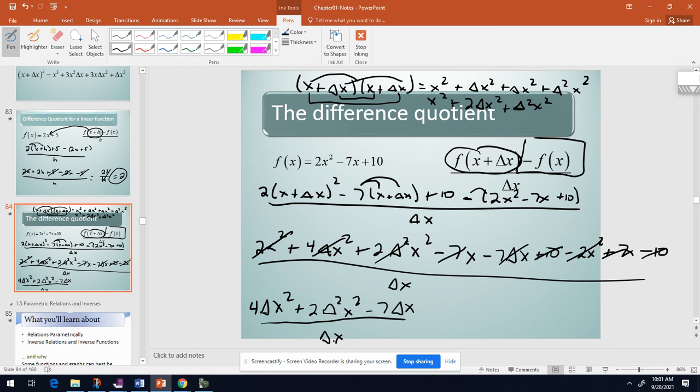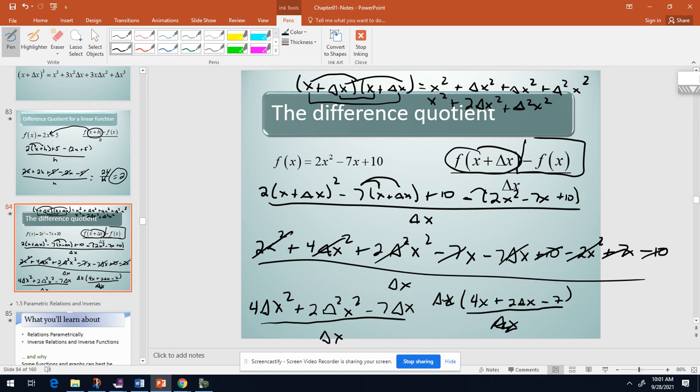So now if you take a look, up here, I can factor out a delta x. If I factor out a delta x, that leaves me with 4x plus 2 delta x minus 7 all over delta x.